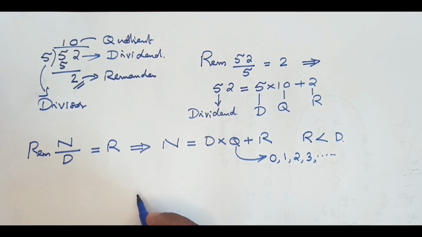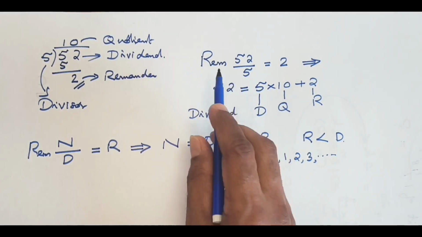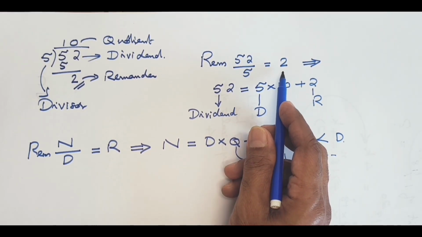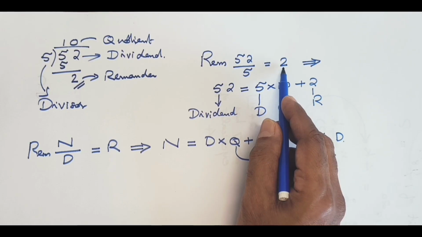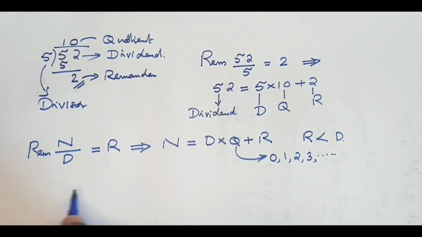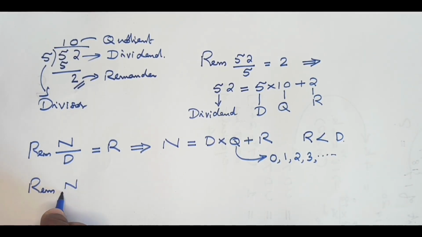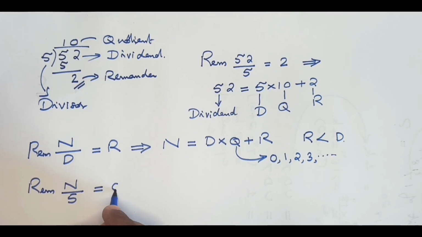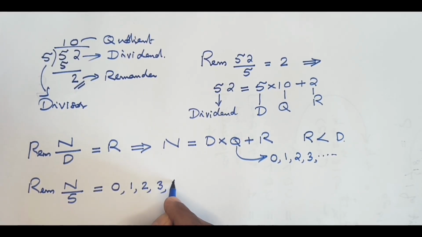What I meant is this. Take this numerical case, remainder of 52 when divided by 5, you got it as 2. Is it possible for you to get a number 5 or above in place of the remainder? No. Remainder is always less than the divisor. If you take any number, when you divide it by 5, the possible values of the remainders are 0, 1, 2, 3, 4.